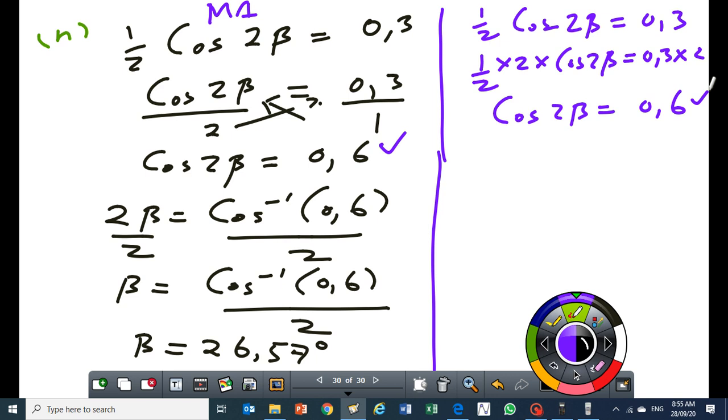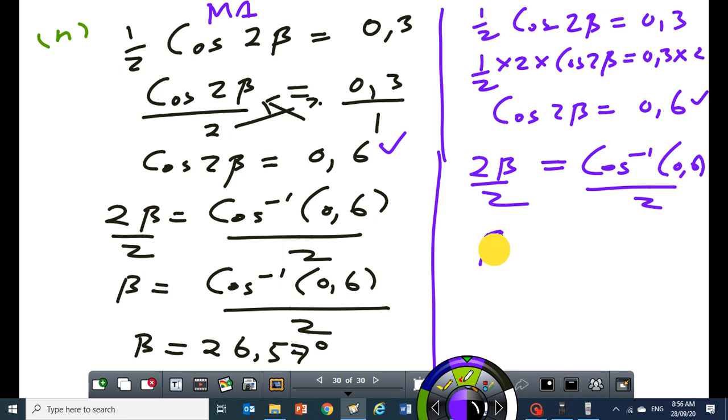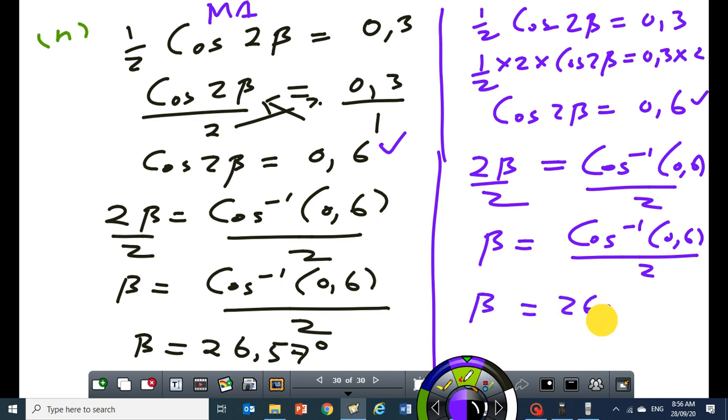Your knowledge of equations is very important. That's why we do equations in term 1. Those equations are very important. Then from there, we can end up having 2 beta is equal to shift cos of 0.6. And then you divide both sides by 2. You get beta equal to the answer that you got here. I can write this as shift cos of 0.6 over 2. Therefore, beta is going to be 26.57 degrees. Okay, and then we are done.